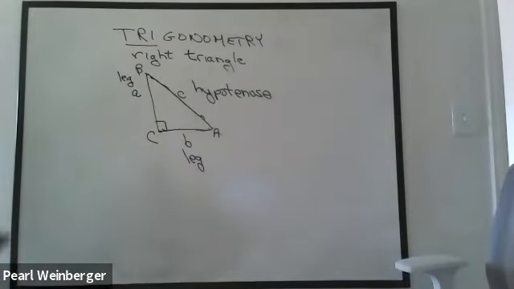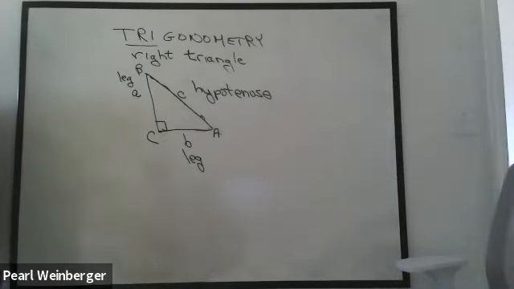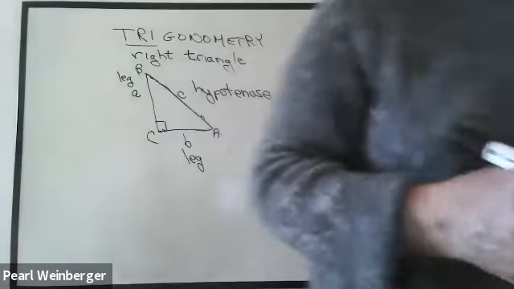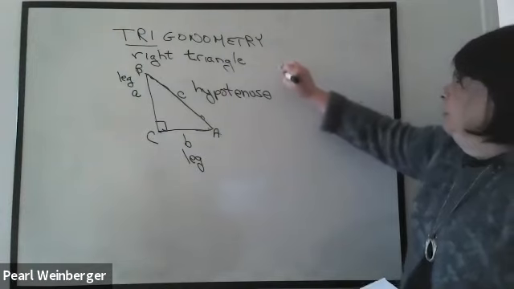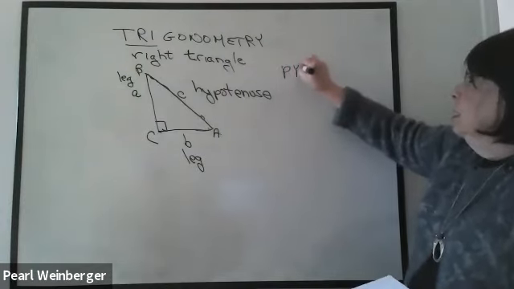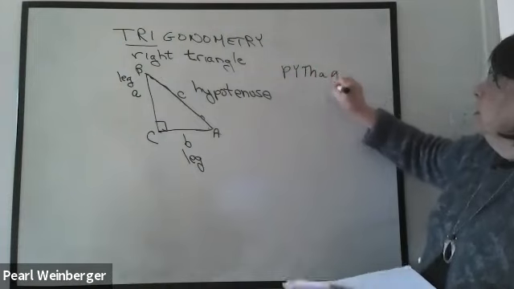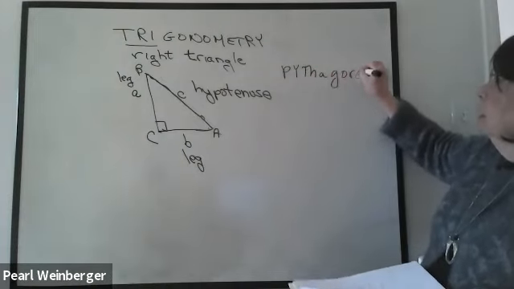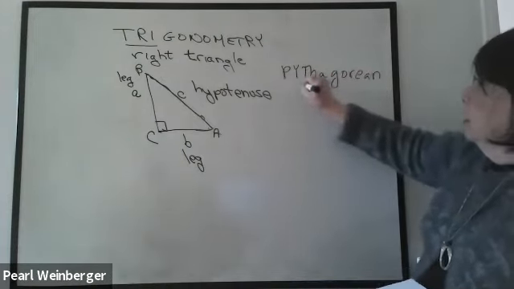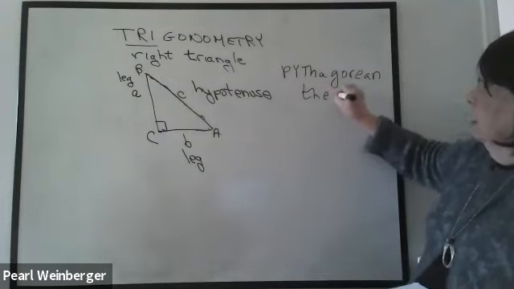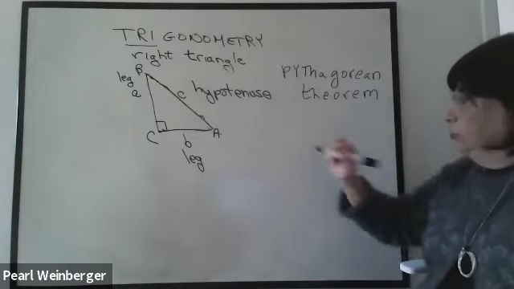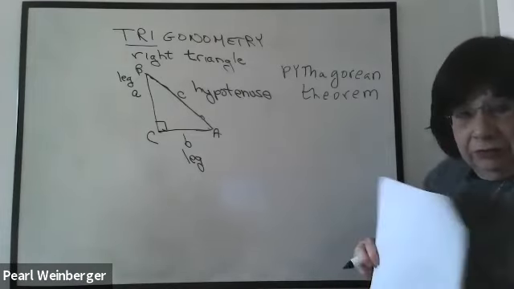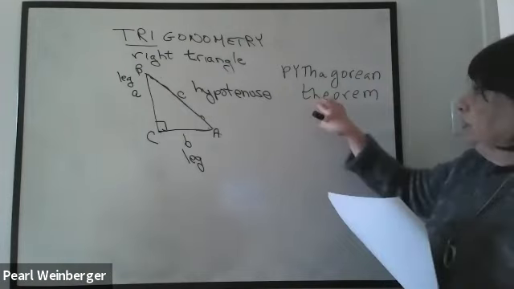Now, there's one important rule that actually goes all the way back to Greek times. It's something called the Pythagorean theorem, and it's named after a Greek mathematician called Pythagoras. You don't have to remember that, but that's why it's called the Pythagorean theorem.